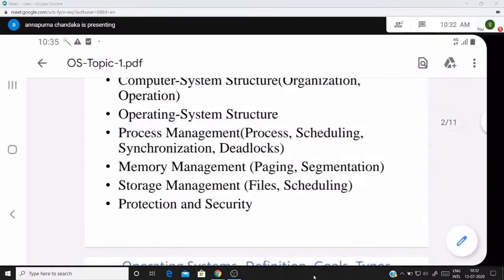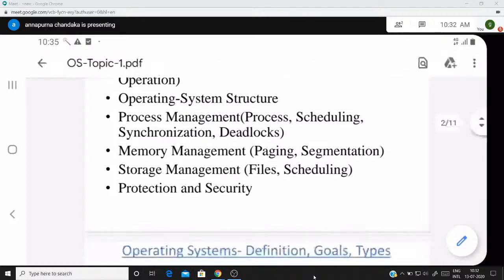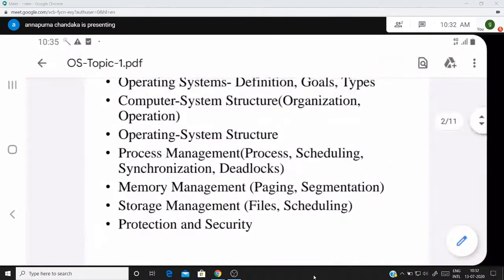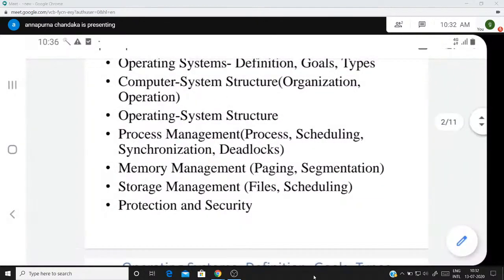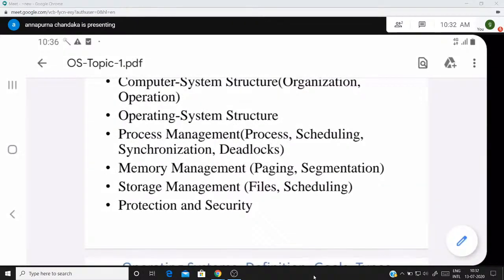Whenever you want to invent an operating system, what are the major components you need to consider? That is nothing but process management, memory management, and the various programs we need to write in order to invent an operating system. The rest of the topics we are going to discuss in detail are about operating system structures only. In this, totally we are going to see about 4 different kinds of topics in detail.